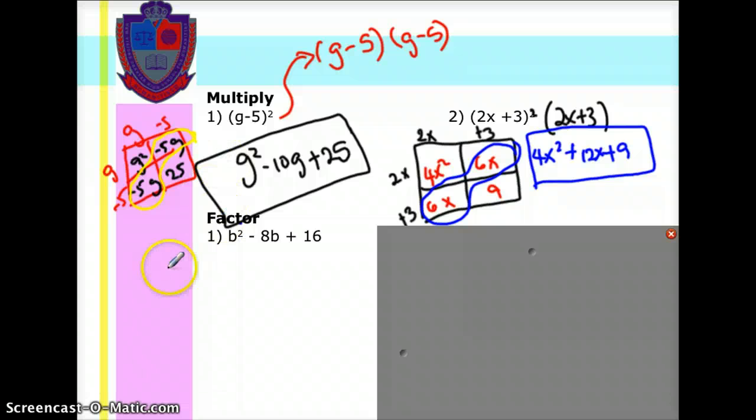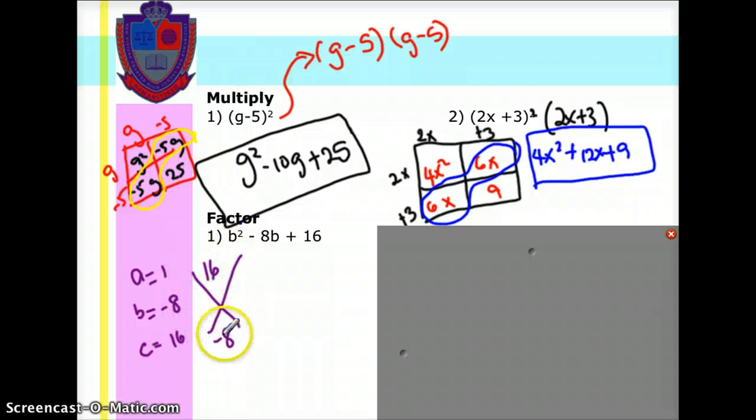Now moving on to factor. Again, it goes with a equals 1, b equals negative 8, and c equals positive 16. Make my x. 16 goes on top, negative 8 goes on the bottom. Now, two numbers that when I multiply I get a positive 16, but when I add I get a negative 8. Negative 4 and negative 4.